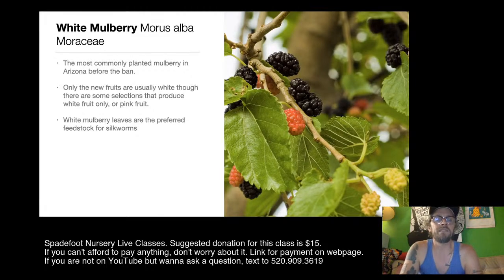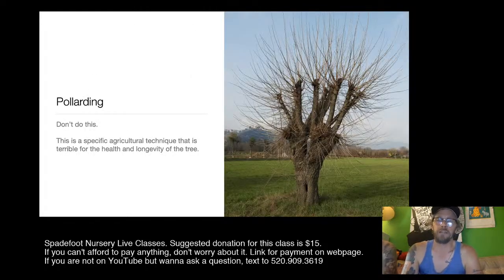White mulberry is the preferred feedstock for silkworms. So if you're getting into the silk industry and you want to raise some silkworms, that's what they use. By the way, on the subject of the white mulberry, you might have seen this, and hopefully you've never done this. This is called pollarding, and it's an old agricultural practice.